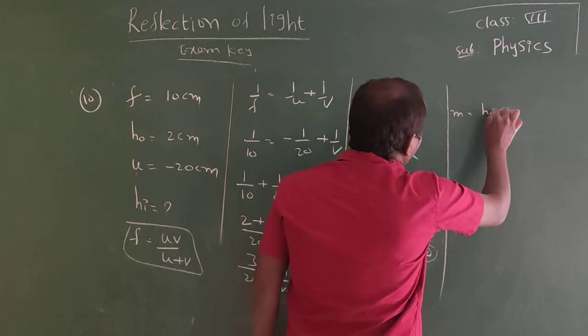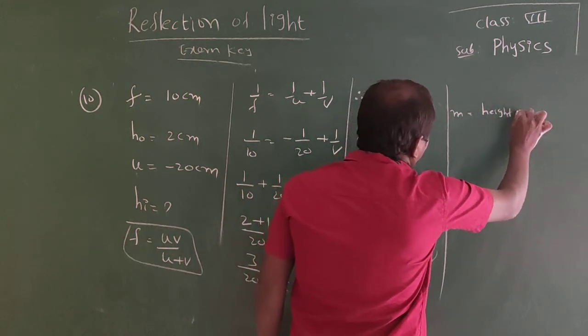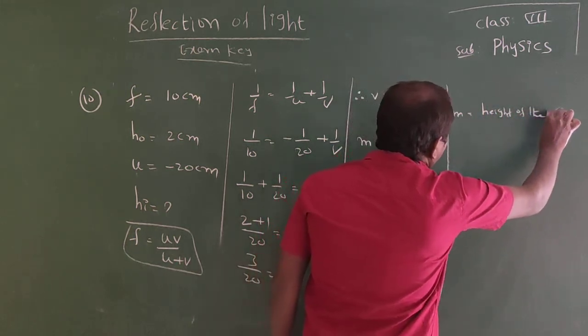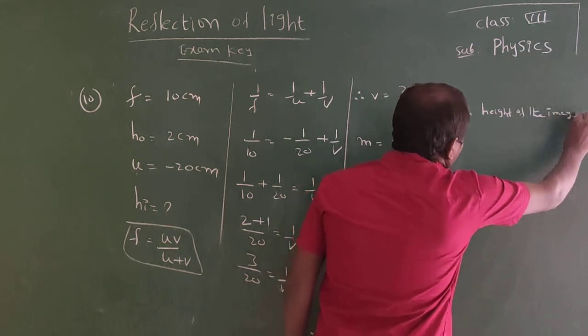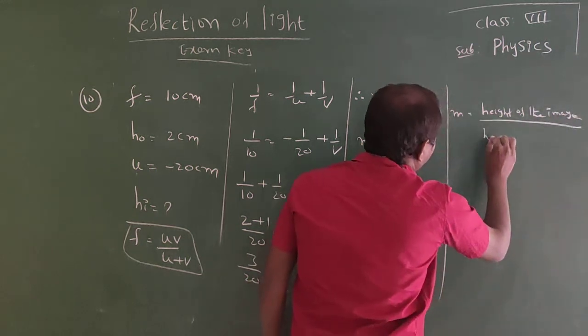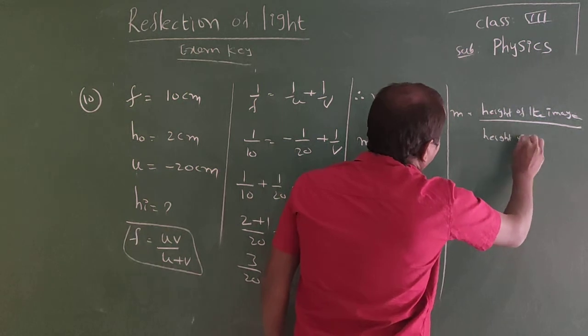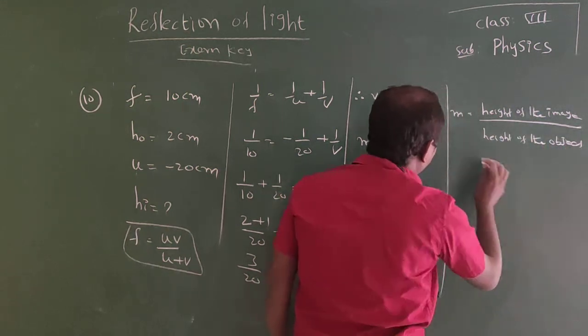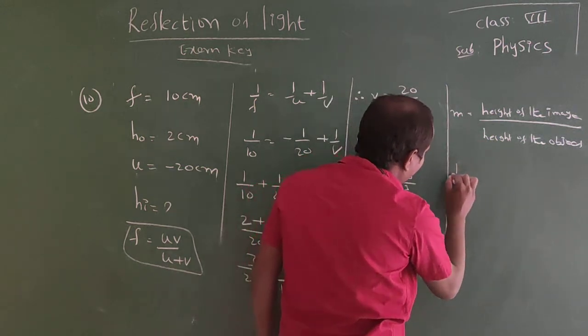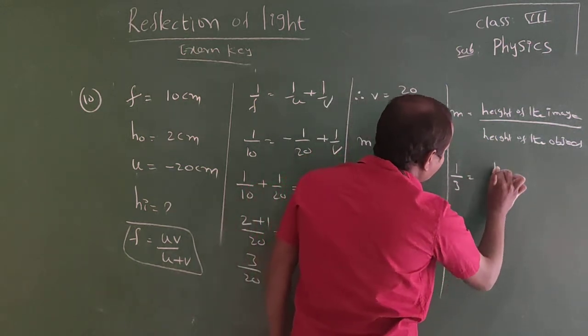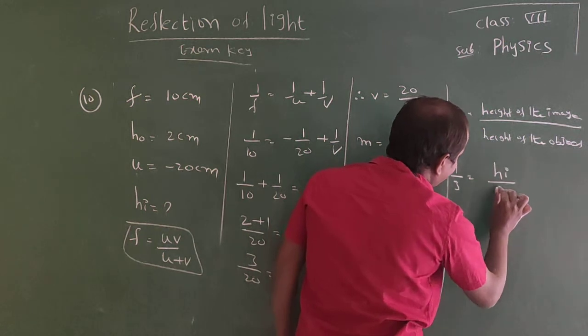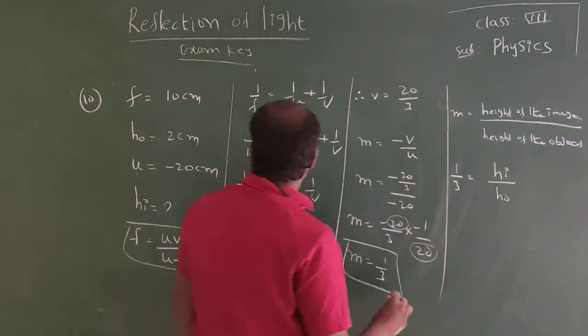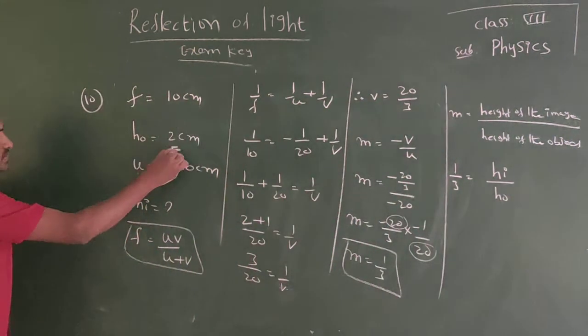So magnification m equal to height of the image by height of the object. So m equal to 1 by 3 equal to hi by ho. Here the height of the object is 2 centimeters.